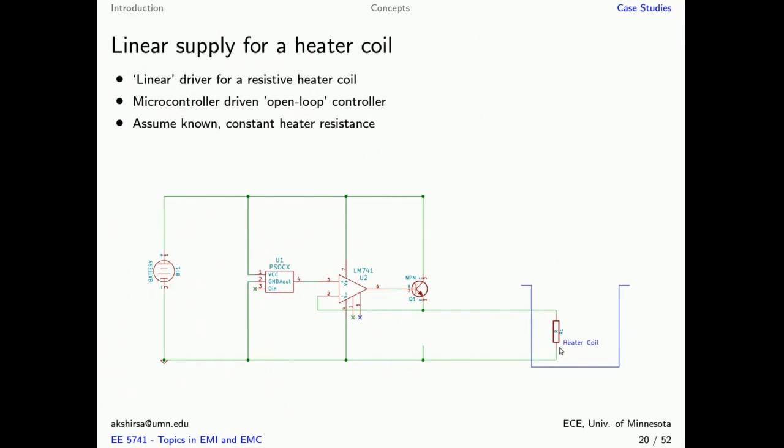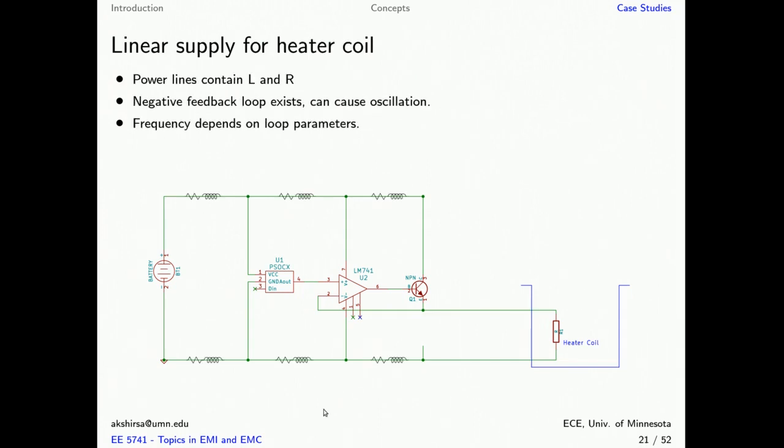Here we assume that the heater resistance doesn't change much as a function of temperature, which is just a simplification, and that this is just an open-loop microcontroller-based control system. First of all, we know that conductors are not ideal, which means the wires that carry the current to the heater are going to have some amount of resistance and some amount of inductance or reactance.